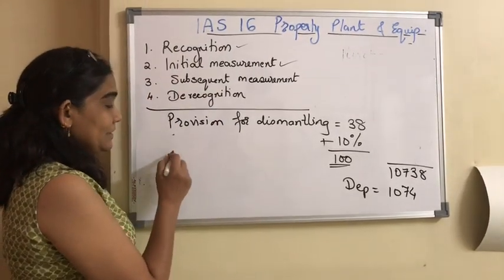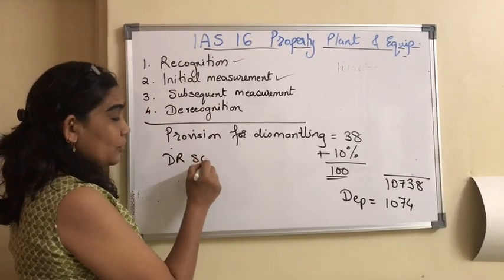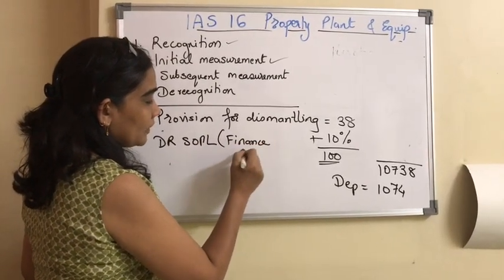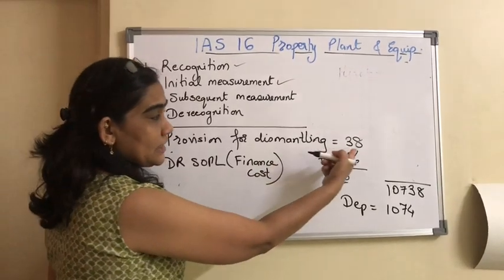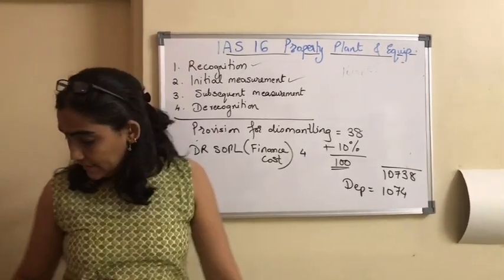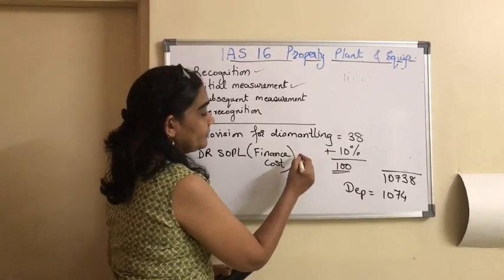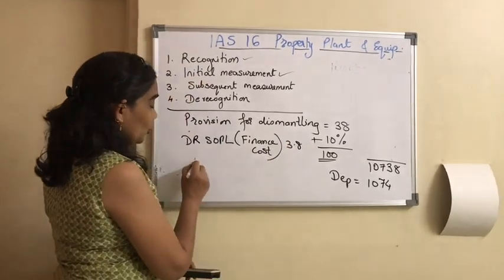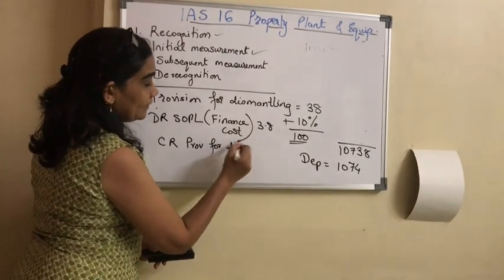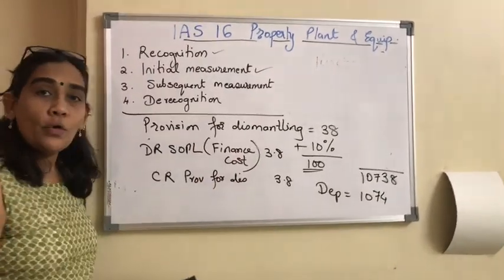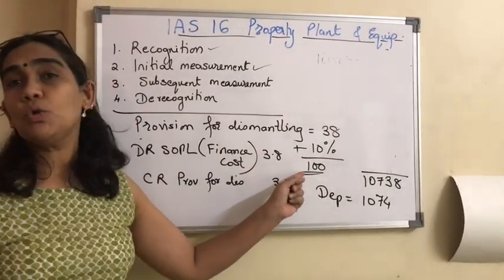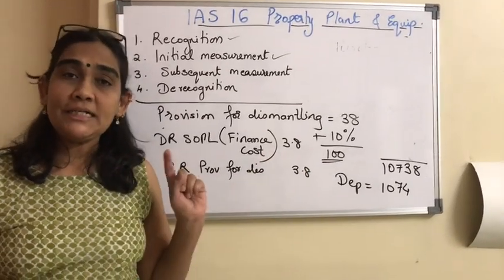So the entry is that you will debit SOPL as finance cost. 10% for the first year will be 3.8. And you will credit it to the provision for dismantling 3.8. So every year this provision will keep on increasing. At the end of 10 years you will have your $100 for dismantling.